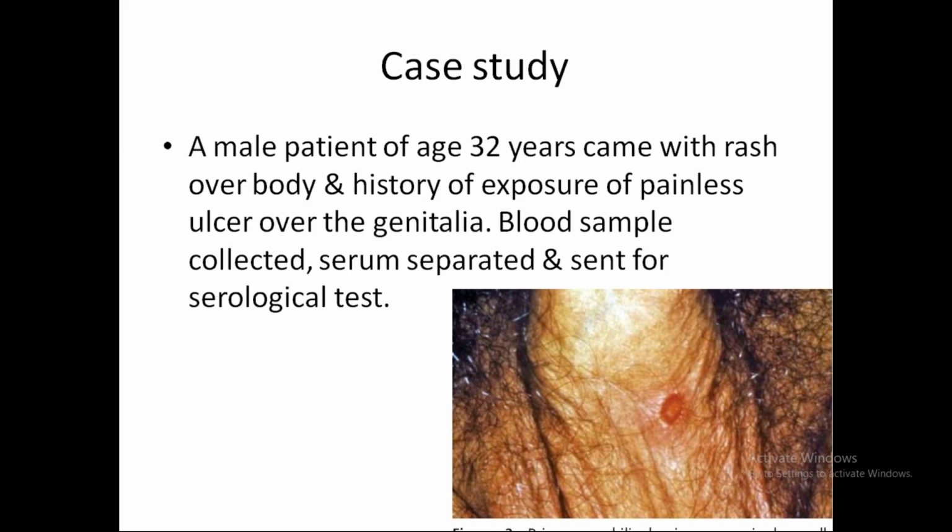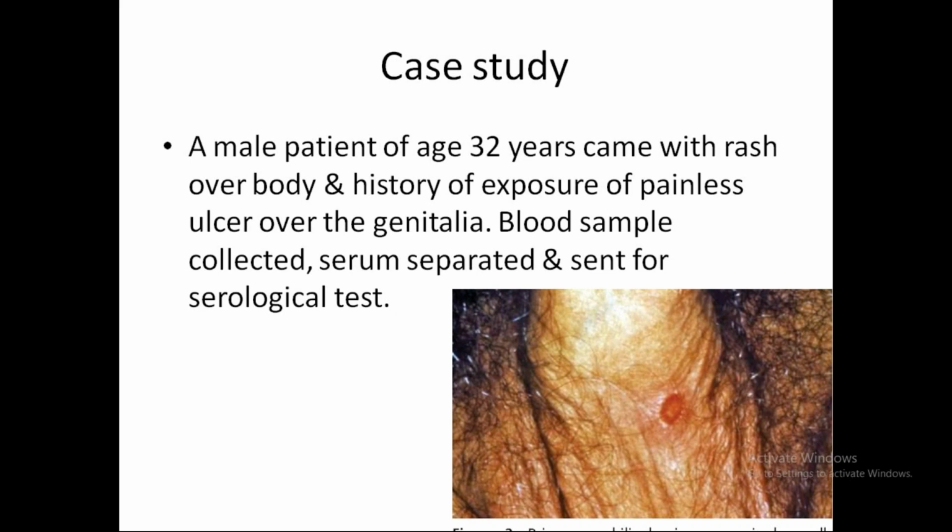What are the symptoms? The patient is coming with the presence of painless ulcer over the genitalia as well as presence of rash. So, blood sample has been collected and sent for serological test.